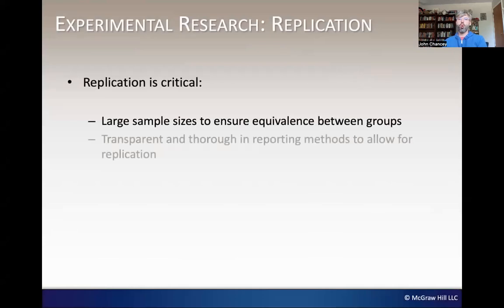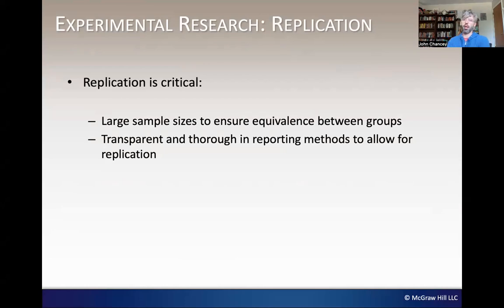And again, the point of experimental research is you follow these certain steps, you write up those steps as clearly and concisely as possible, because you ideally would like that research to be replicated in some way. And ideally, the larger your sample sizes, meaning the larger the group of people you study from the overall population, the better. The more people you use in your research, the better.